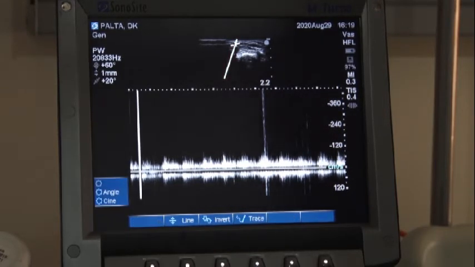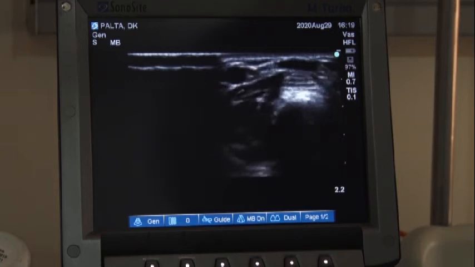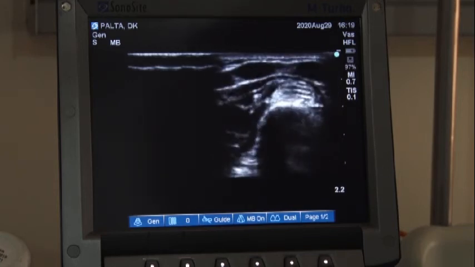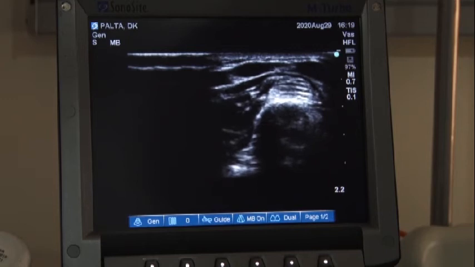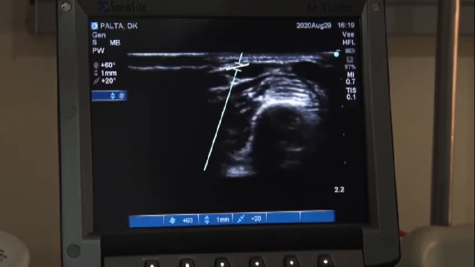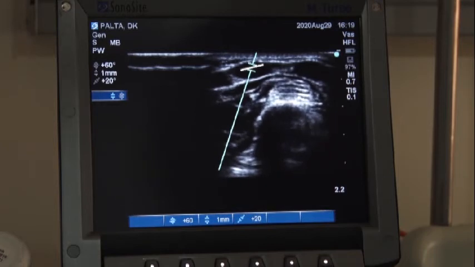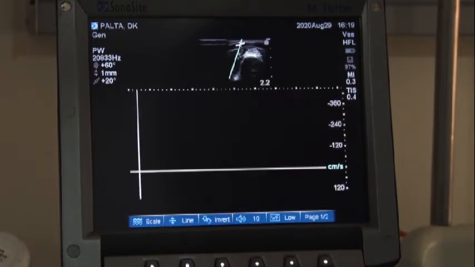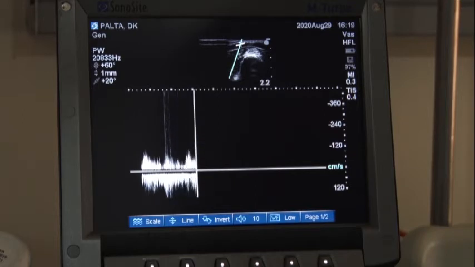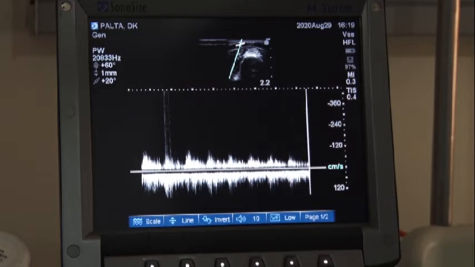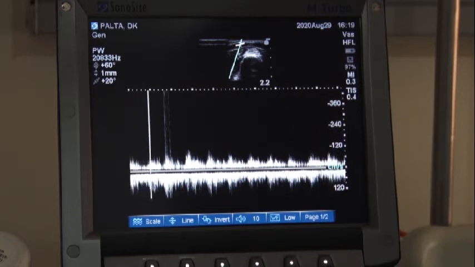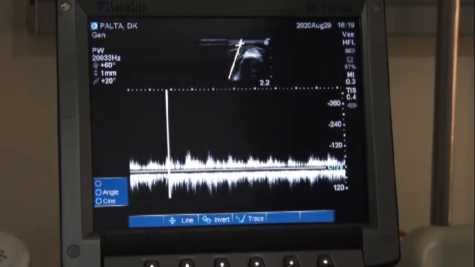There's a good flow, around a peak systolic velocity of 120. Now we'll check the flow in this vein. Yes, this vein is also getting flow of around 120 peak systolic velocity.